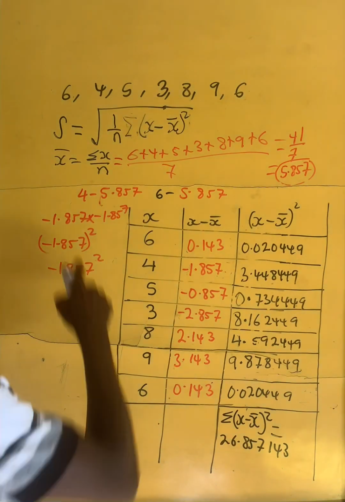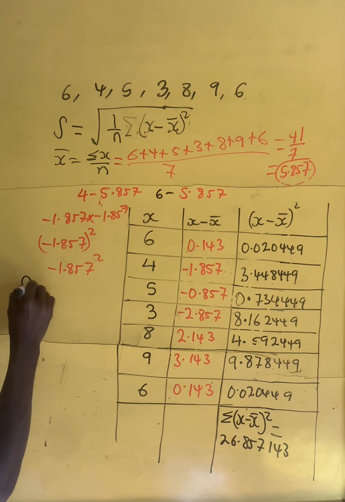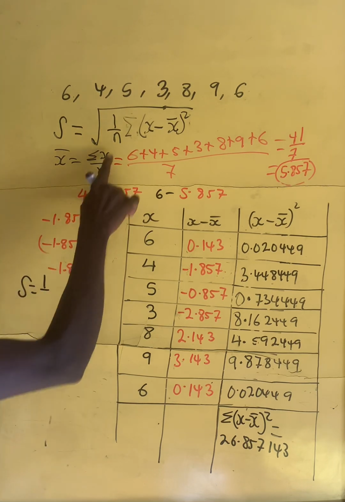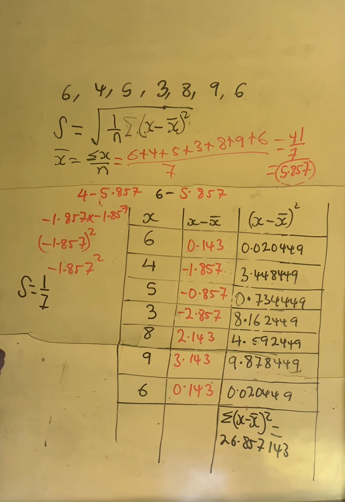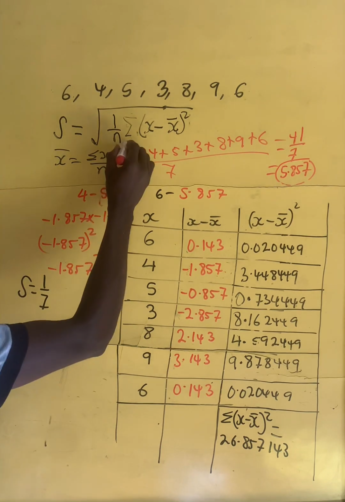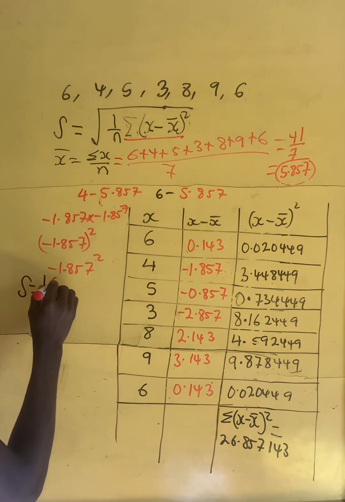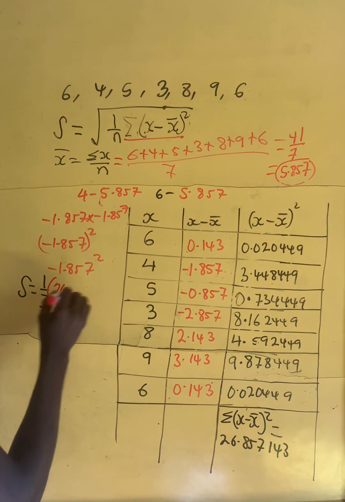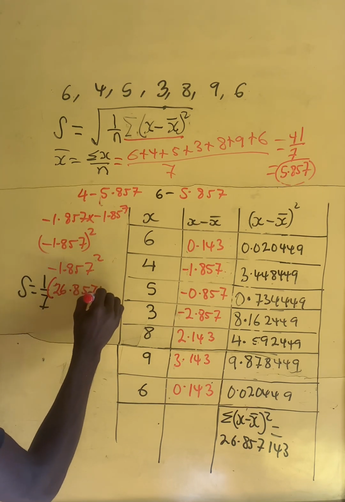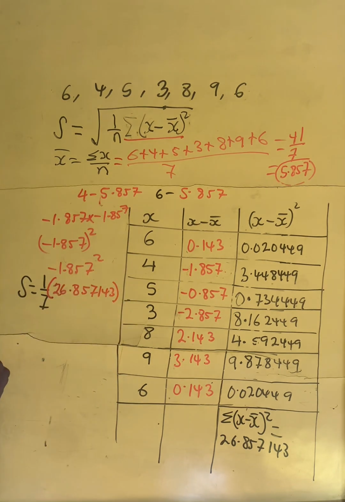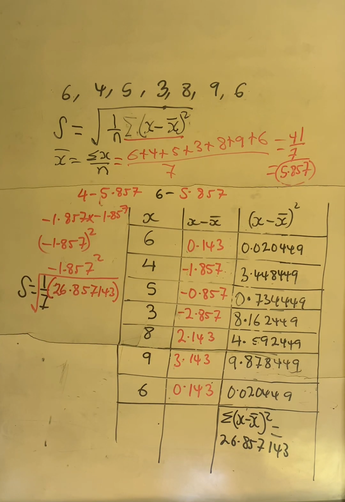Now, we take the standard deviation as S equals 1 on n, and n is 7, times the summation. That is what we have here, 26.857143, all under the square root.